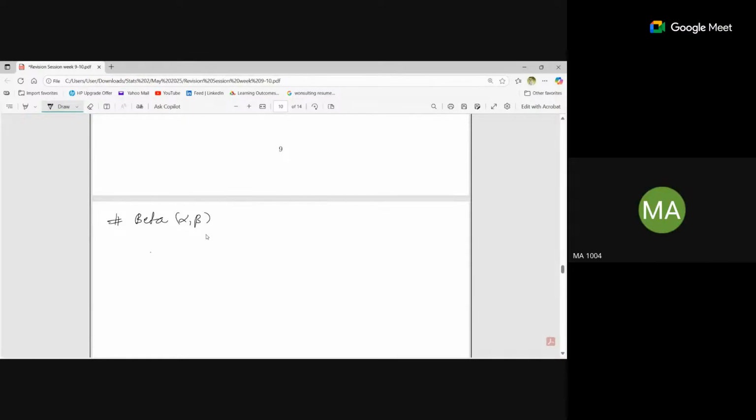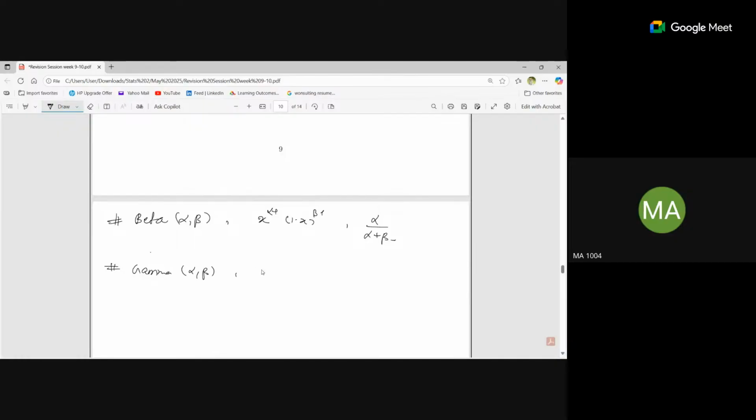Can you tell me the PDF of a beta distribution? X to the power alpha minus 1, into 1 minus x to the power beta minus 1. What is the mean? Alpha by alpha plus beta. Then we have a gamma distribution with alpha comma beta.